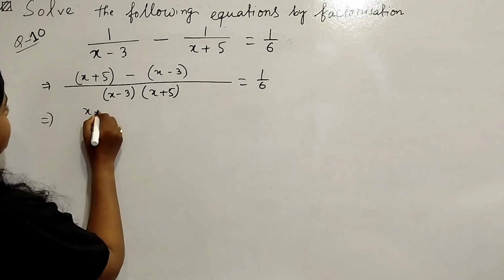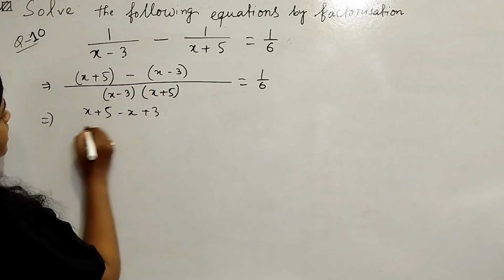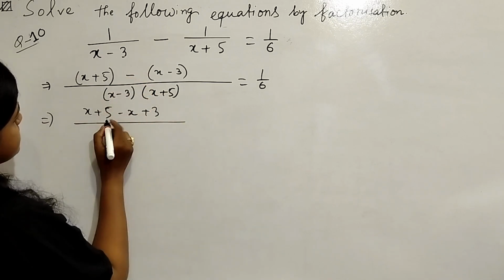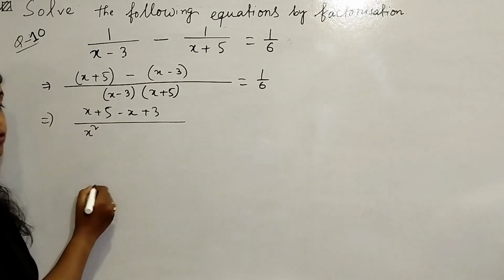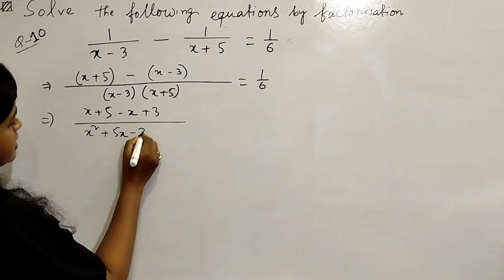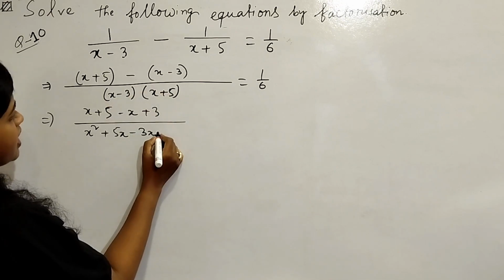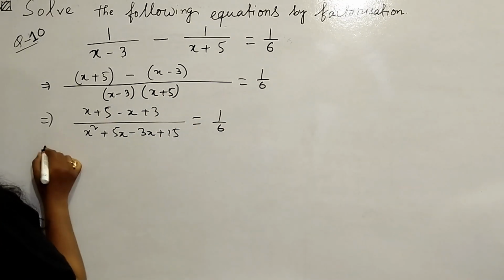Now x plus 5 minus x plus 3 divided by the product. Find the product: x into x is x square, x into 5 is plus 5x, and minus 3 into x is minus 3x, minus 3 into 5 is minus 15, equals to 1 by 6.